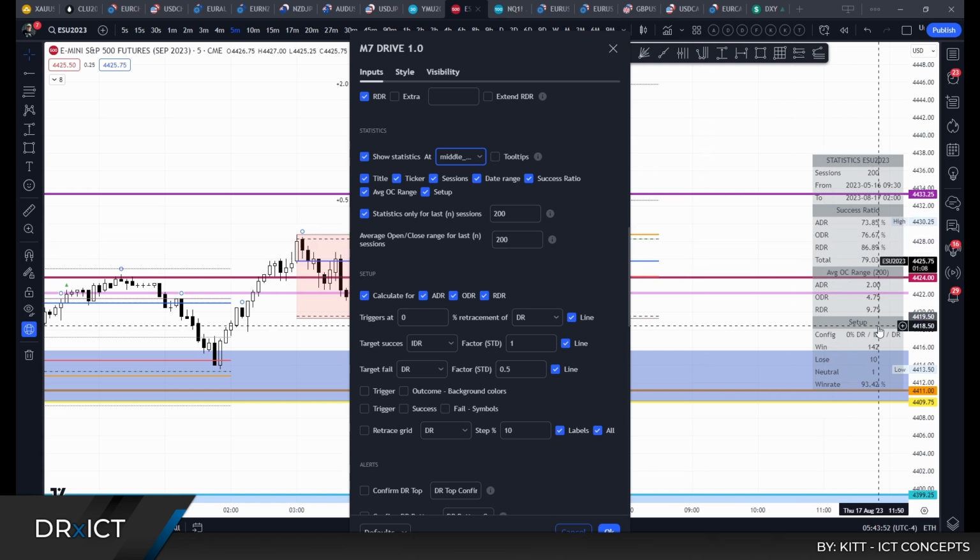But ODR, this setup, 0% retracement to the IDR. These are your configured targets. If the target success is 1 standard deviation from the DR, then the target fail would be a negative half standard deviation.